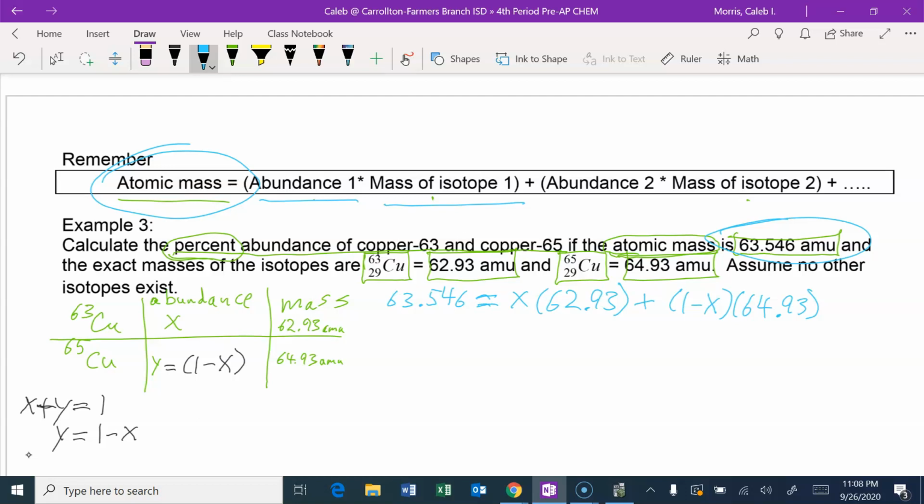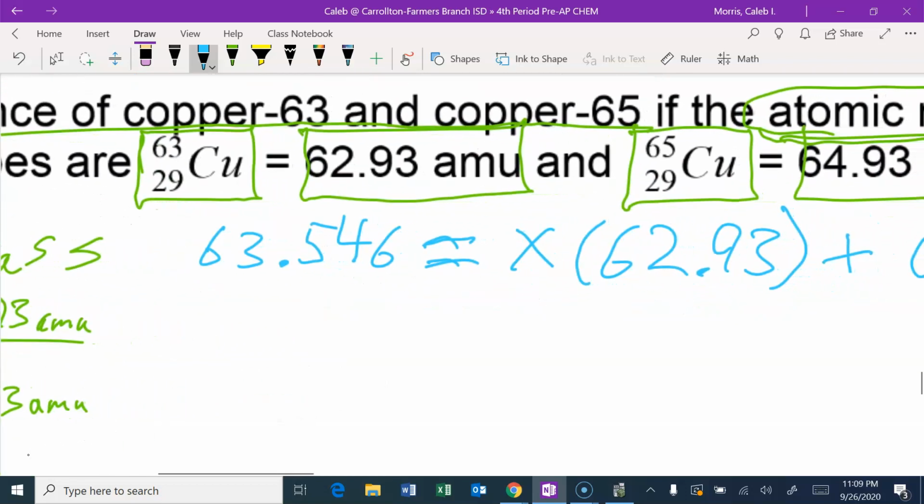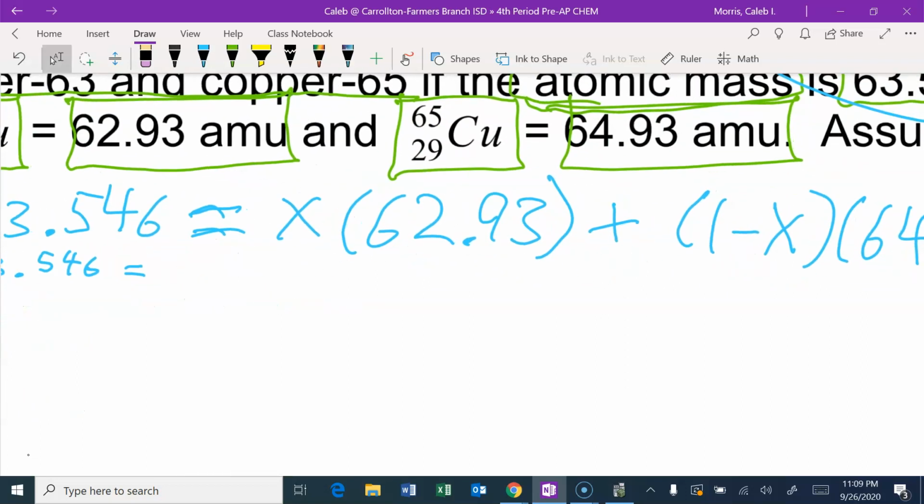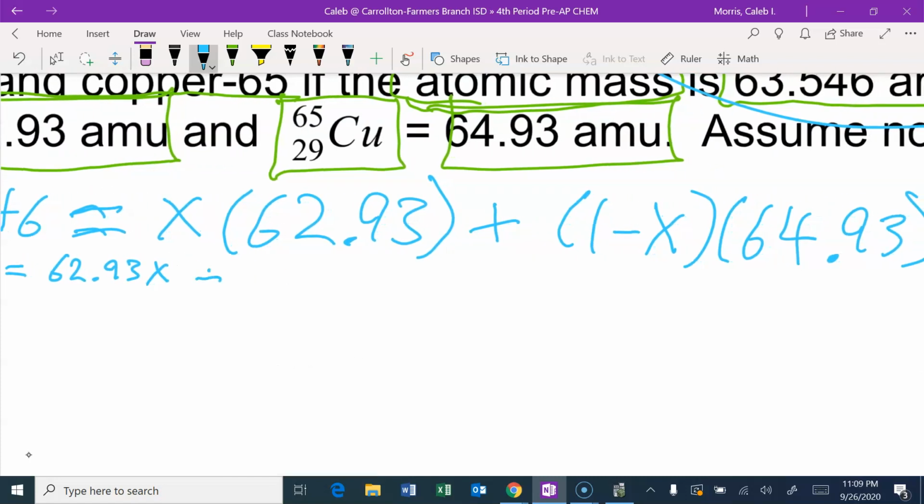So now we just want to set it up and distribute. Doing this algebraically, your first step is going to be distribution. Well, I'm going to rewrite this the same way it was because I didn't change 63.546. And then it equals X times 62.93. A nicer way of writing that is 62.93X plus, over here I have 1 minus X times 64.93.